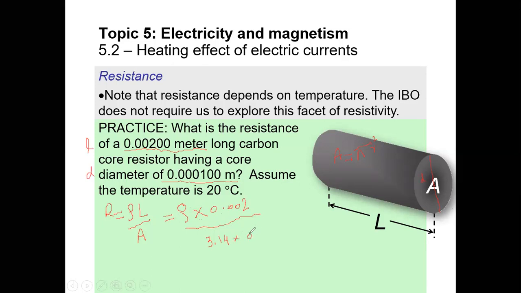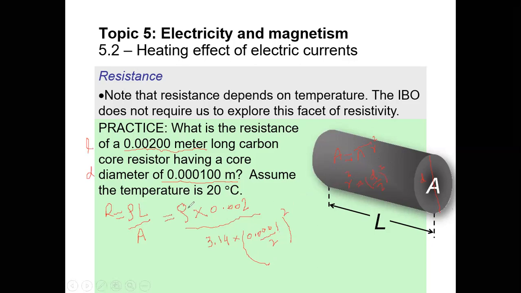So what is diameter D? 0.0001 by 2, square. Why? Because R is D by 2, so if it is R square, you write D by 2 square here. So D is 0.0001 divided by 2 whole square.